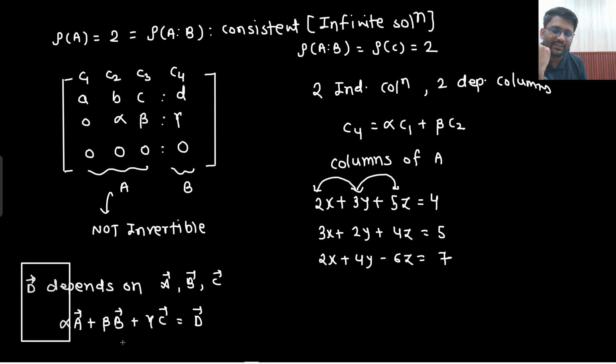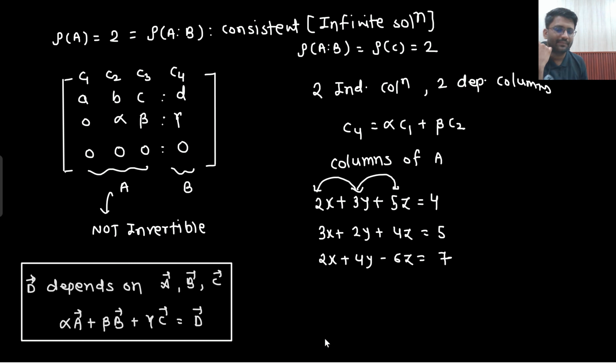Do you remember this statement? In the last lecture we saw it. So 4 is depending on 2, 3 and 5: 2 alpha plus 3 beta plus 5 gamma equals 4. So 2, 3, 5 are the columns of A and this is your B vector.